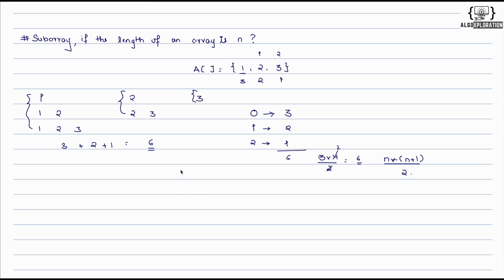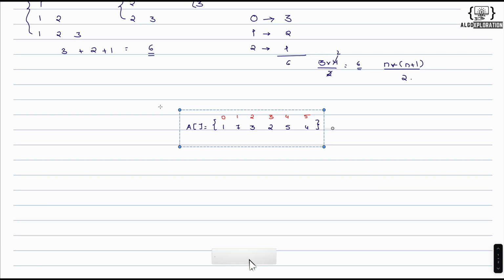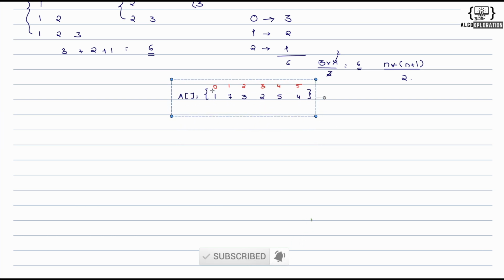Now if we take the original array, here the total number of elements is 6. So according to the formula, 6 into 7 by 2, that will be 21. So 21 different subarrays can be formed from this array.